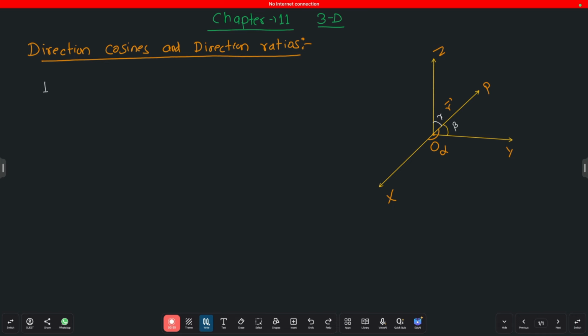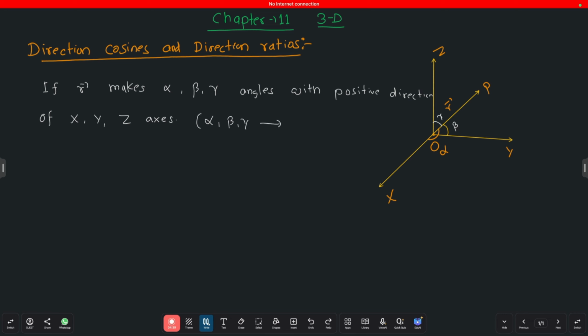So, if the R vector makes alpha, beta, gamma angles with the positive direction of the x, y, z axes, these angles are called direction angles.